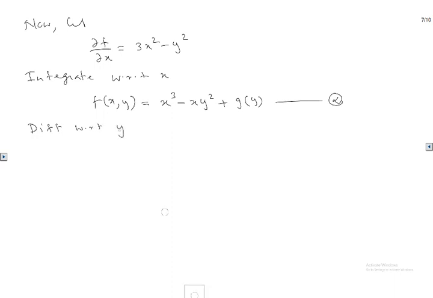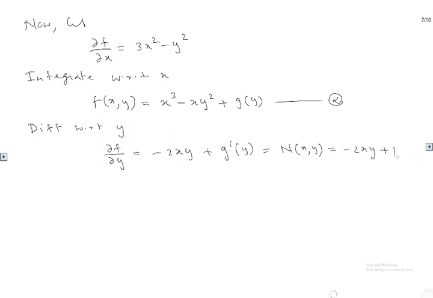So you're going to get ∂f/∂y, which equals, if you take the derivative with respect to y, x is a constant, so you're going to get negative 2xy, and g(y) is a y function, so that means just the regular derivative. Now by the theory, you're going to set this equal to the N function. N function is negative 2xy plus 1.